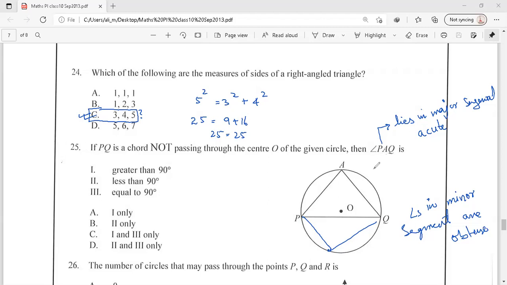So the value of angle PAQ will be less than 90 degrees. So option 2, or condition 2, would be the only correct one in this question. So option B will be our right answer.